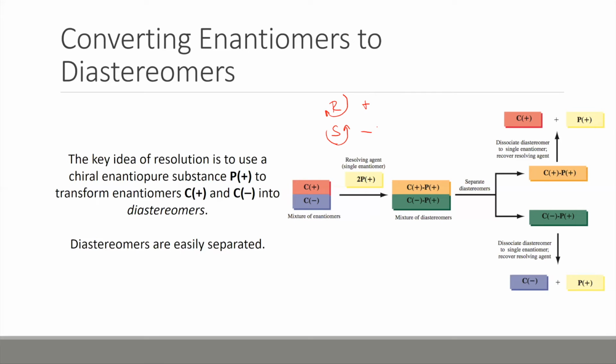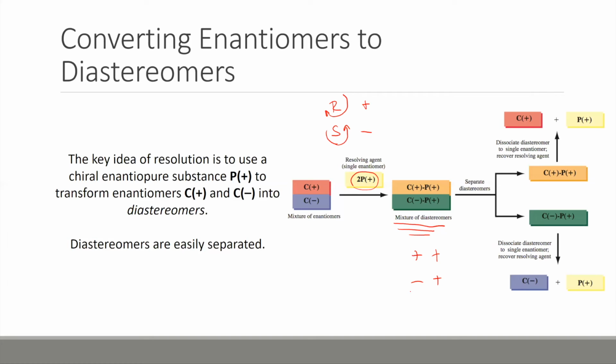So we have enantiomers, and we're going to add them with something that is chiral, but we only have one chiral center. When they react, they make a mixture, and this mixture is now diastereomers. They are no longer mirror images of each other. They have a combination of chiral centers, in this case we're going to call them plus plus and minus plus.